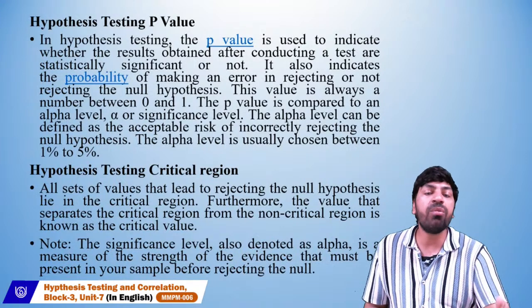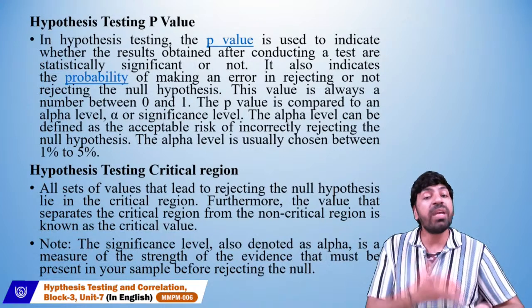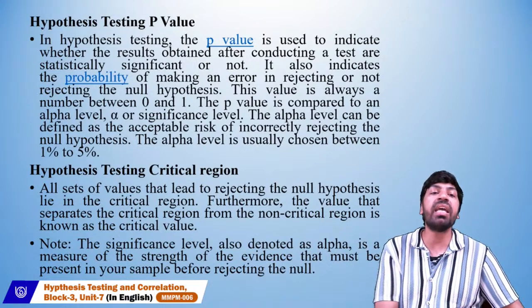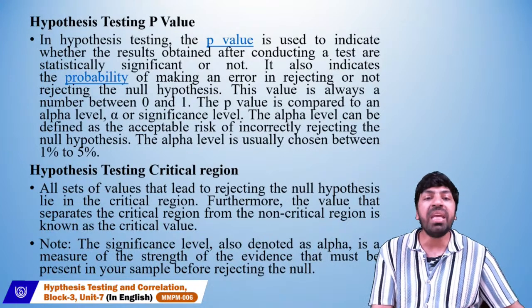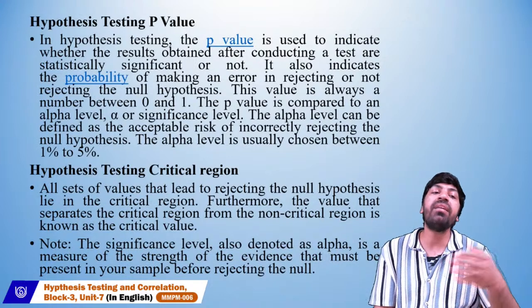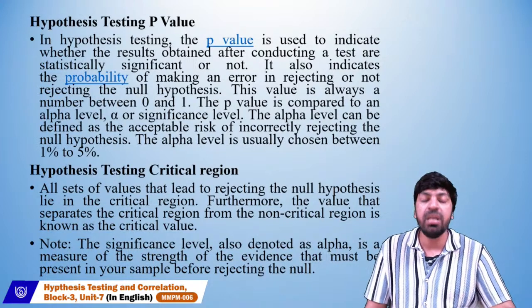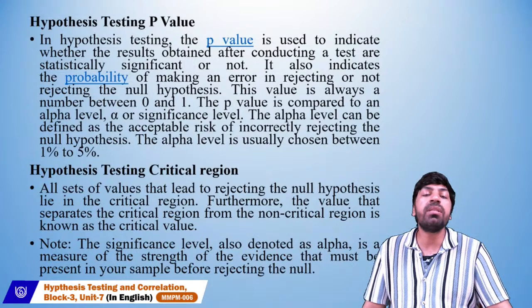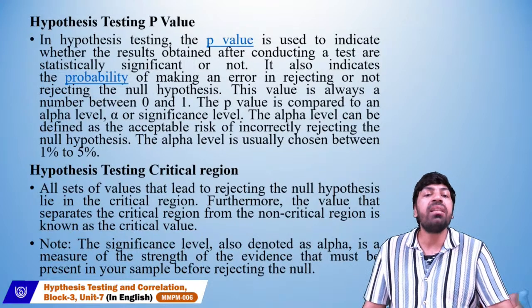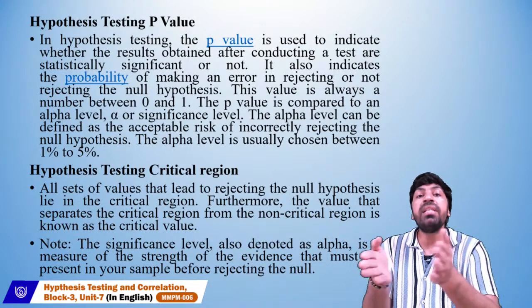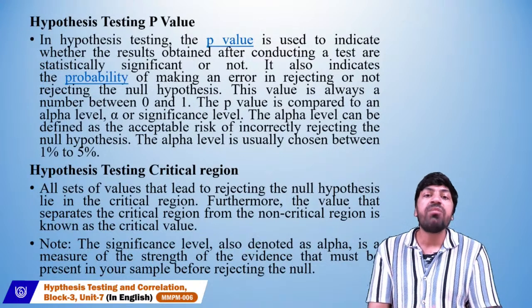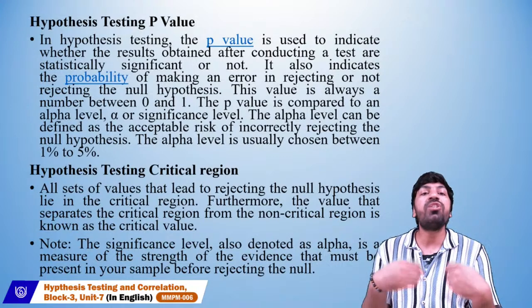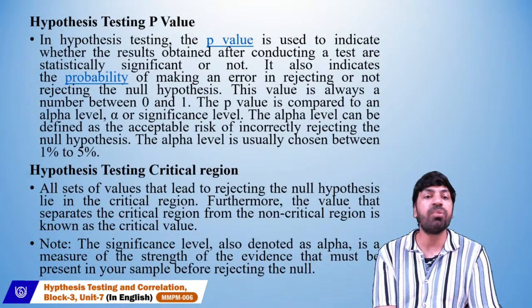Whatever p-value comes in your results, it is always compared with the significance level or alpha level, which could be either 1% or 5%. For example, if the p-value comes 0.00 and the alpha level is 0.05, and the p-value is less than the alpha value or the significance value, that means we reject the null hypothesis.